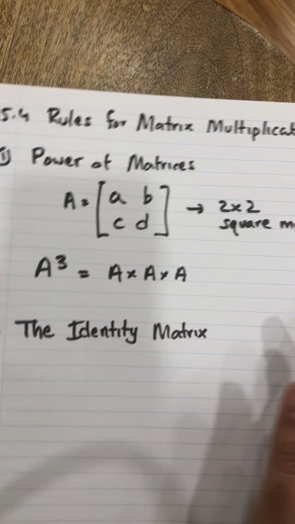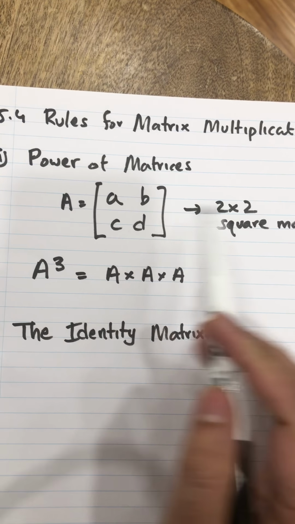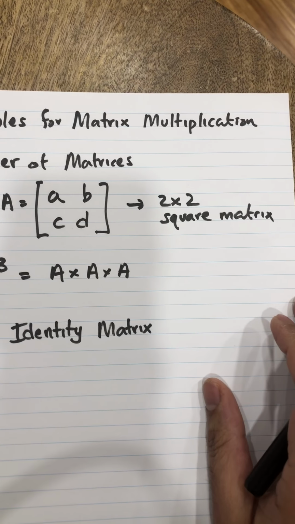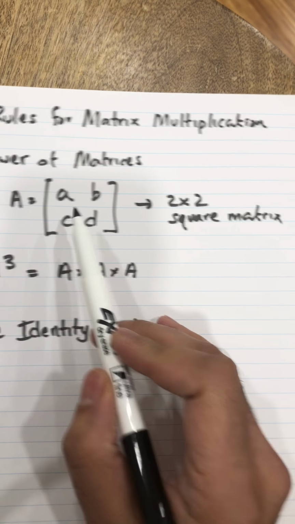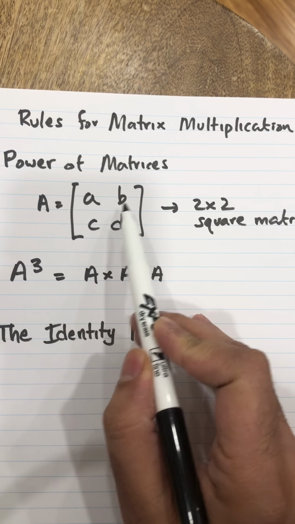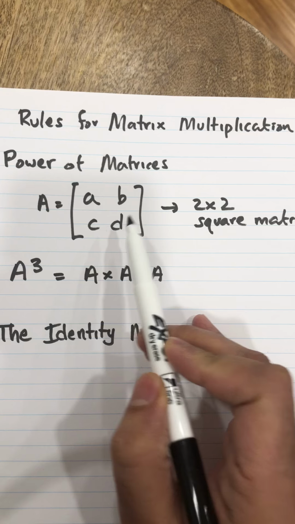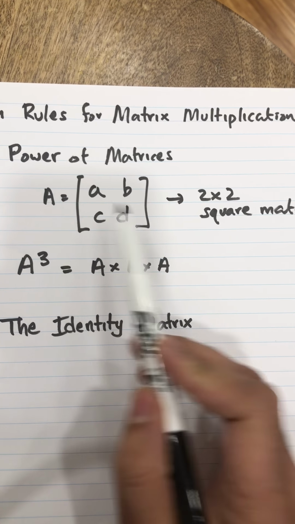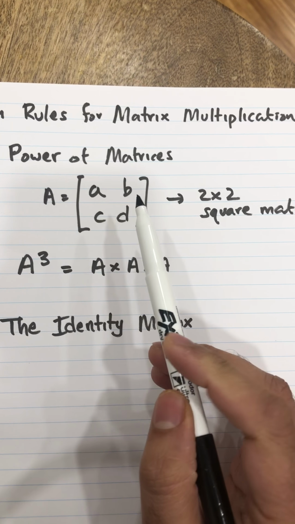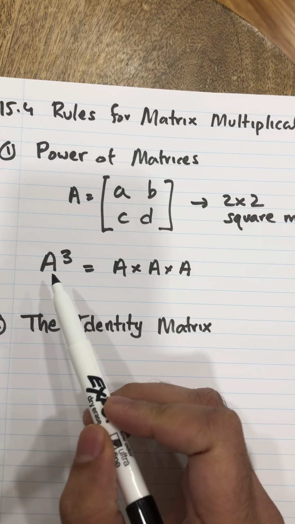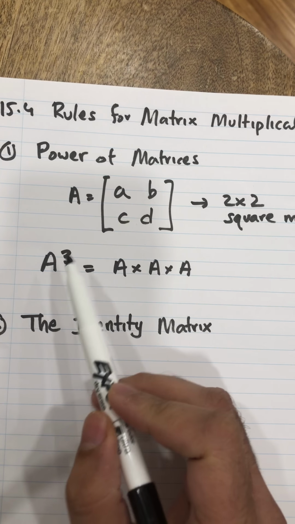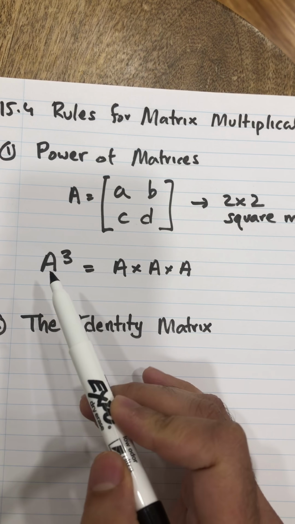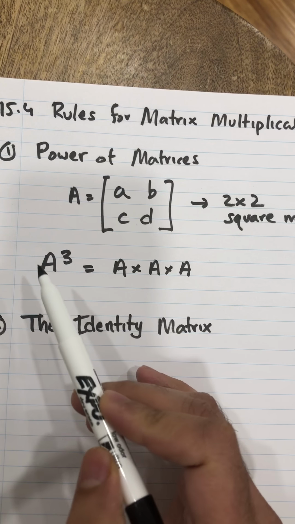It says that if you have a matrix A, and matrix A is a square matrix, okay? Remember what's a square matrix? A square matrix means that the number of rows in this matrix is the same as the number of columns. So it's a 2 into 2 matrix. If you have a matrix A, which is this square matrix over here, then it's possible to find, for example, if someone wants you to find out the value of A cube, what does this mean in the matrix?